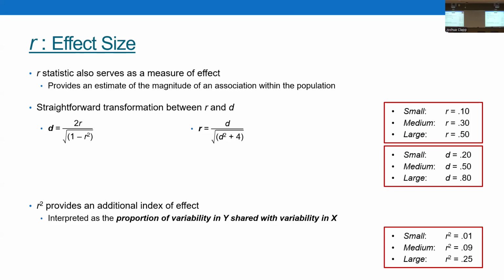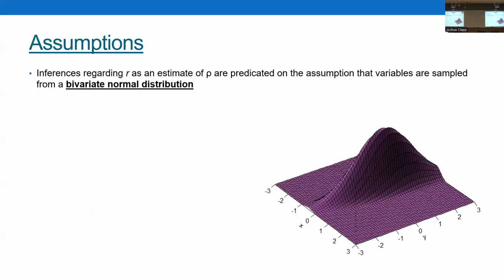All right, I want to talk about the assumptions of our correlation. We're going to calculate our Pearson correlation, but to have confidence in my interpretations of the statistic as a metric of the actual population effect, I have to make sure certain assumptions are covered.